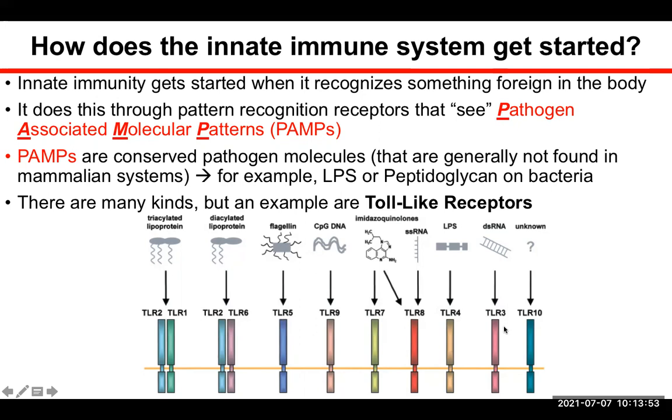Of course, I'm not going to have you guys know all those, but just understand that an example of a pattern recognition receptor is a toll-like receptor. These toll-like receptors are going to end up binding to specific conserved pathogen molecules that are not typically found in humans. And so once it recognizes any of these molecules, then the innate immune cell, whichever one is expressing these, is going to end up initiating an immune response.